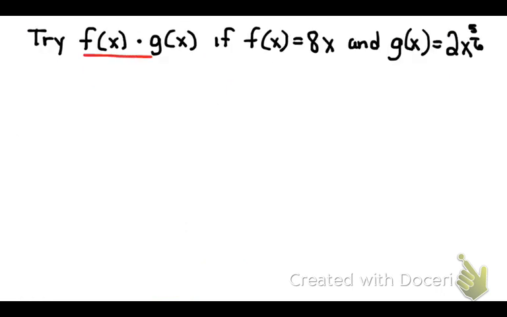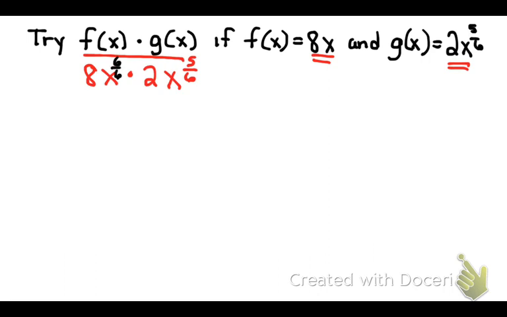Okay, let's try a multiplication example. So it says f of x is equal to 8x times, and our g of x is 2x raised to the power of 5 over 6. And remember, x to the 1 is the same as x to the 6 over 6.